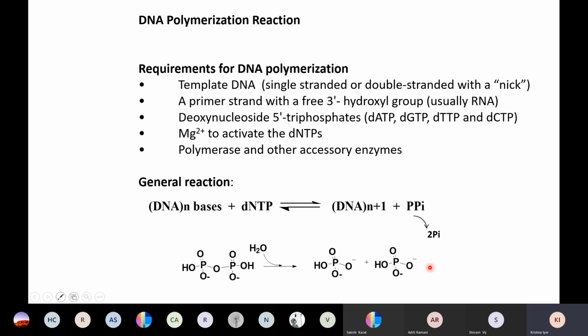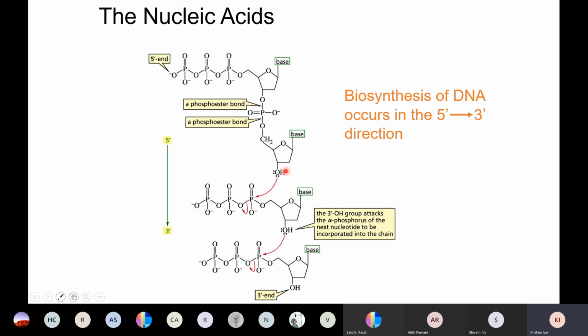Okay. More specifically, if you remember this picture also, this is the DNA strand which is already sitting there. This is the 3' end. This is the new deoxynucleotide triphosphate which has come in. This OH attacks what is called the alpha phosphate. This is the alpha phosphate, this is the beta phosphate, this is the gamma phosphate.